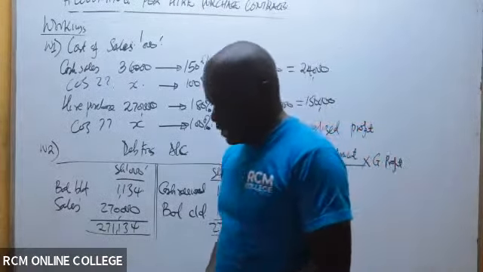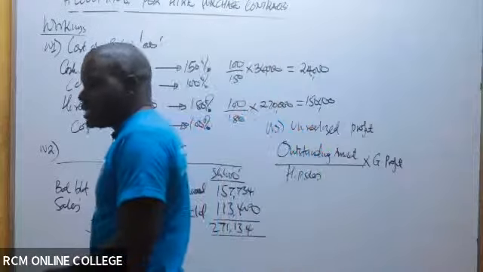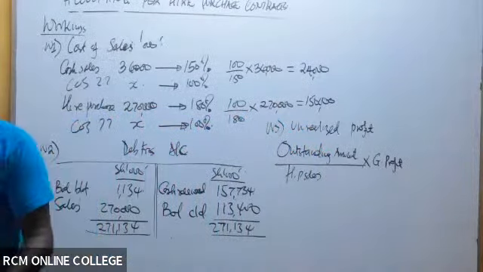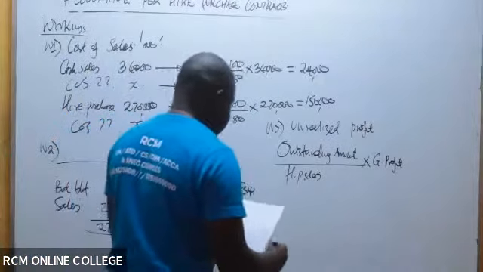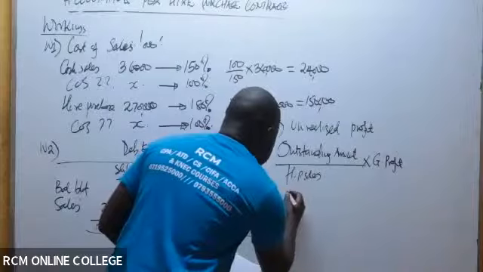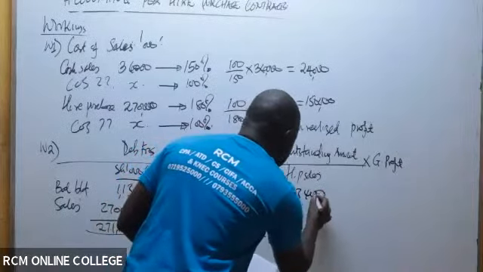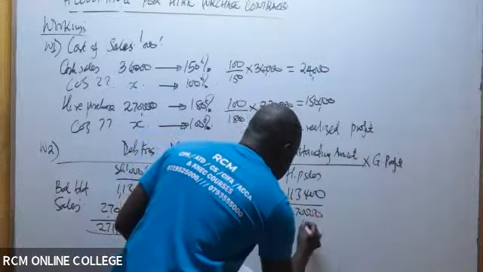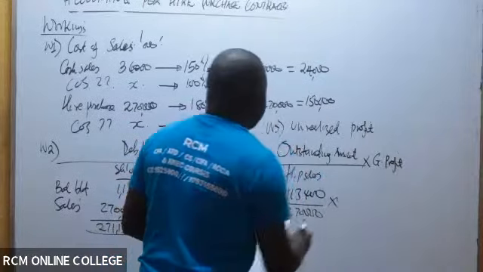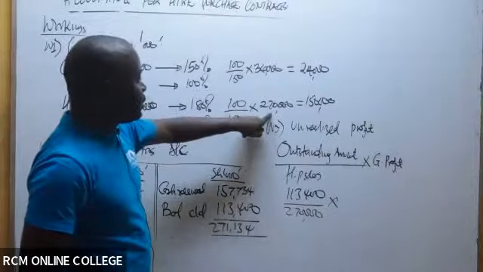Mbutia says 120. Karen Paul says 120. That is very brilliant. So we'll be able to say here 113,400 over, in this case, 270,000. You multiply by the GP. The GP here, Nanjala, unachukua 270 minus 150.